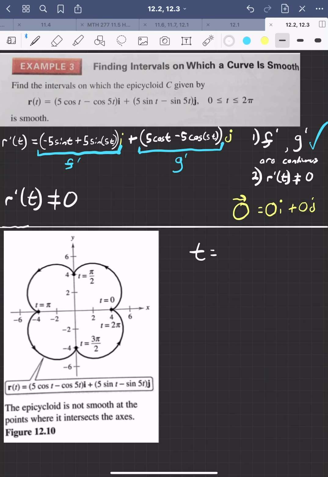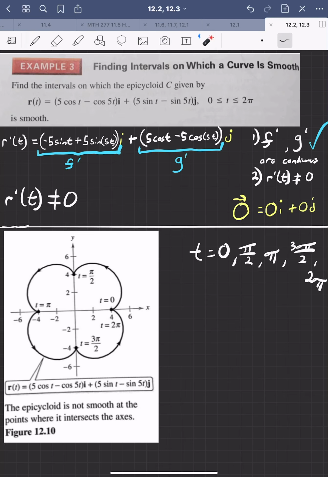When t is equal to 0, both of these components are equal to 0. t is equal to 0, or pi over 2, or pi, 3 pi over 2, and finally, or 2 pi.